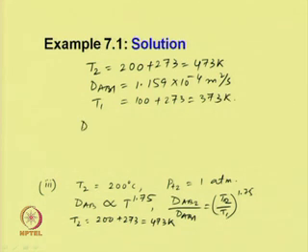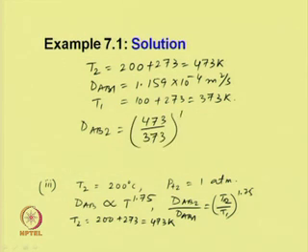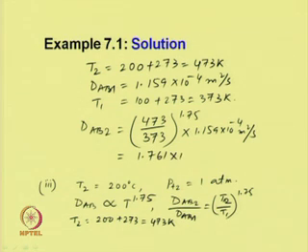So, DAB2 would be 473 by 373 to the power 1.75 into 1.159 into 10 to the power minus 4 meter square per second, which will be about 1.761 into 10 to the power minus 4 meter square per second. So, this is at different conditions for the same systems.